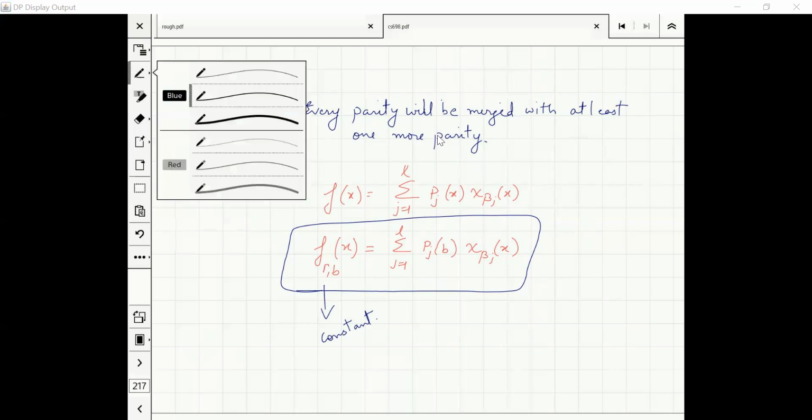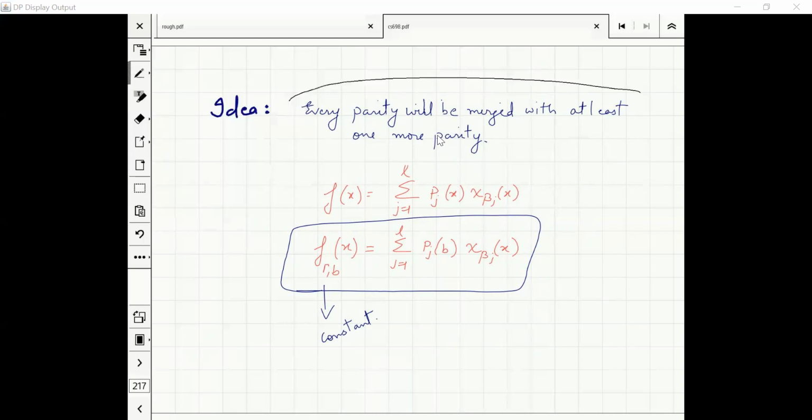So let me know if this is not clear. What I'm saying is that with respect to this gamma, which makes the function constant, every equivalence class should have had at least 2 elements. Forget about the equivalence class which contains the constant.